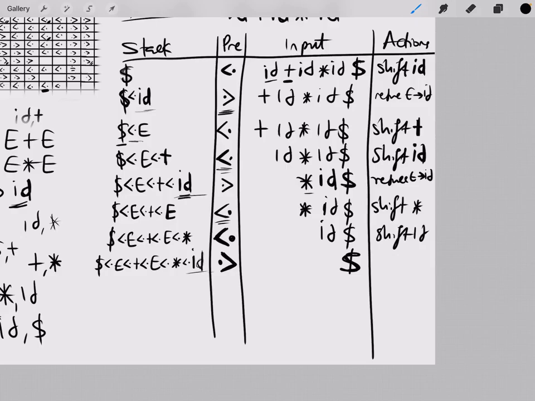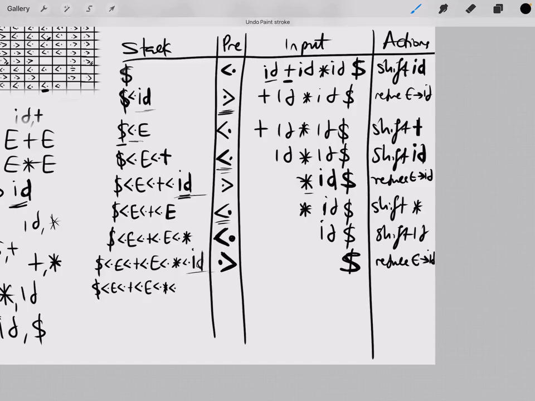So what does this give us? We reduce id. So when we do that, what do we have? We have this plus E star, and no, not id anymore.